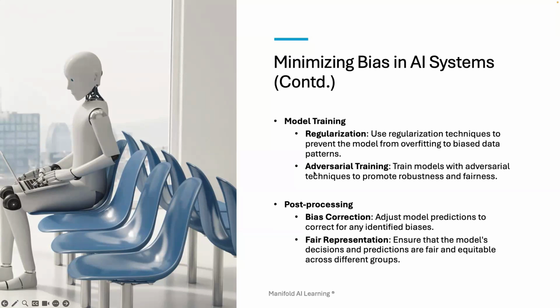Another technique is adversarial training. In order to promote robustness and fairness, it is recommended to train the model with an adversarial technique. Adversarial training means you have one more agent which is going to achieve the opposite of what my model is trying to do.